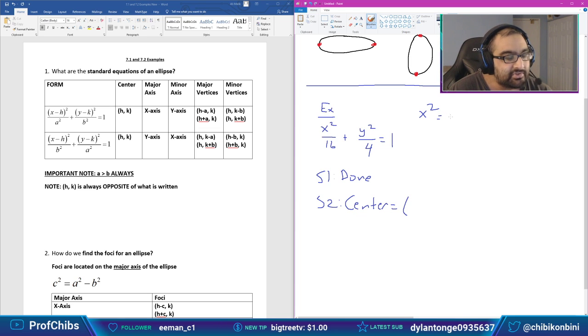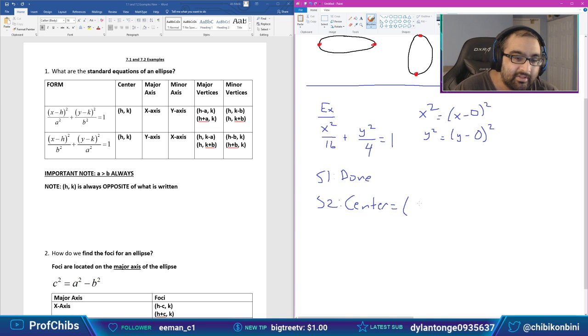All right, this is why I have to ask the question here, because you guys got to recognize this. Another way to write x squared, remember, is writing it as x minus 0 squared. You could write y squared here as y minus 0 squared. That's a little conceptual question I ask here. So Nicholas has the right of it here.